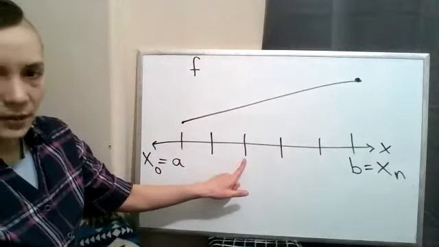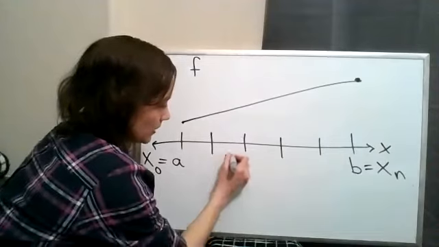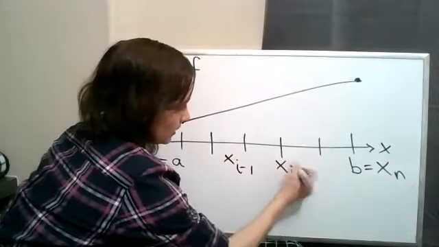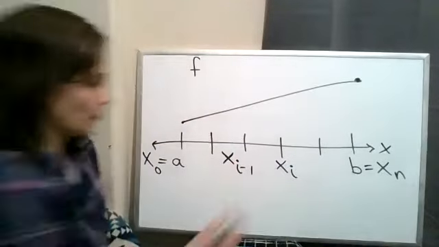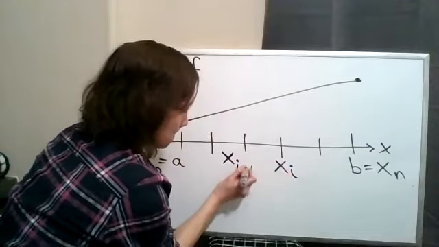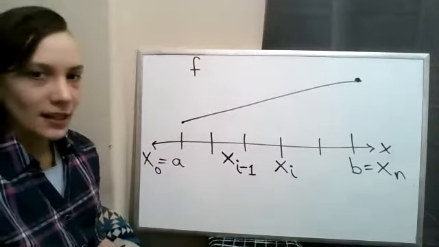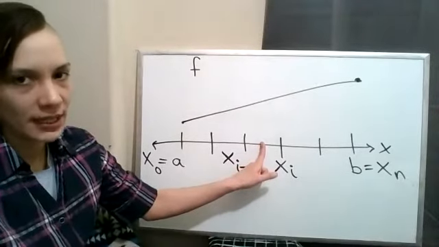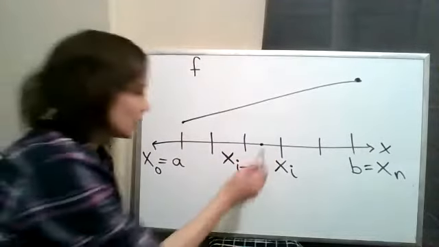We talk about this interval, which goes from x sub i minus 1 to x sub i. In the middle of that interval is the midpoint, which we're calling x sub i bar.